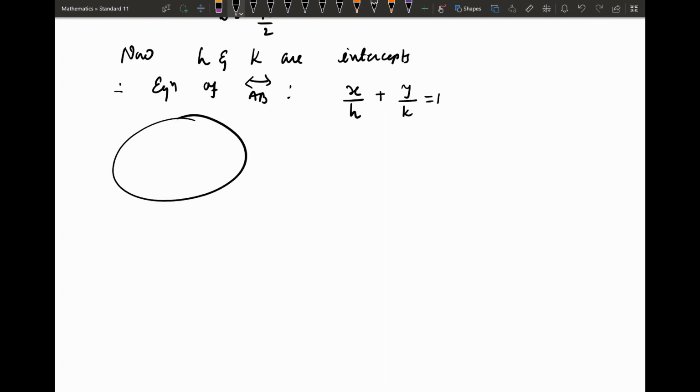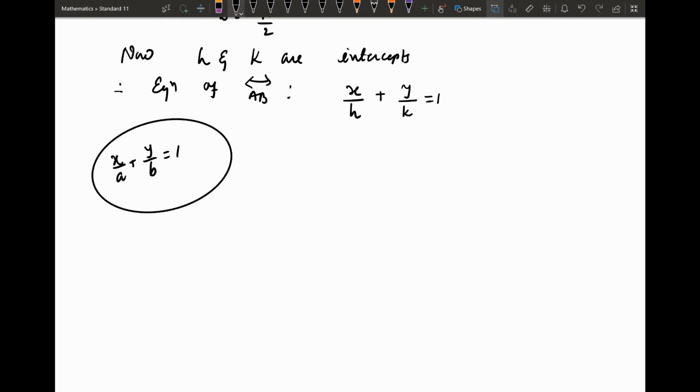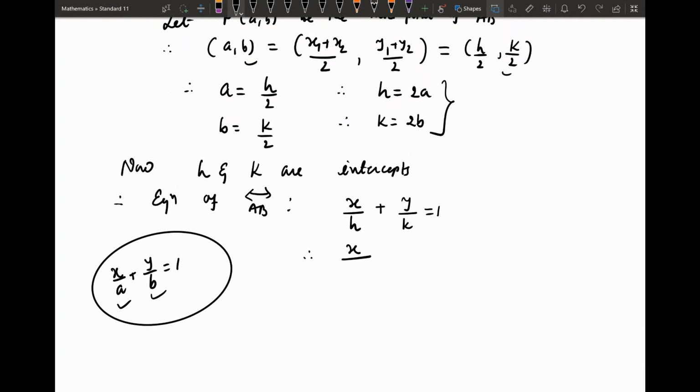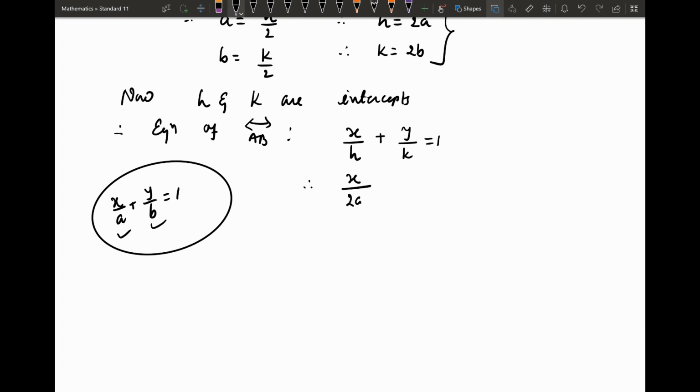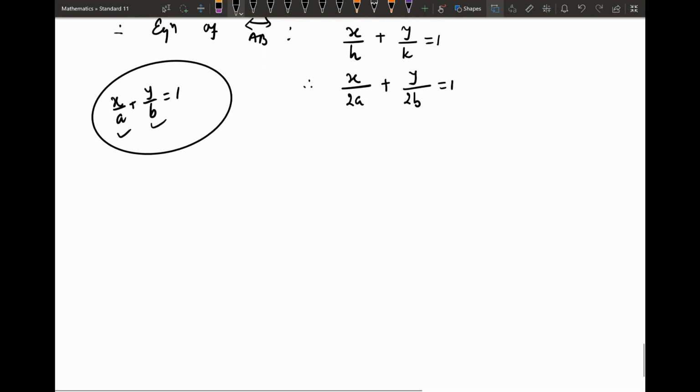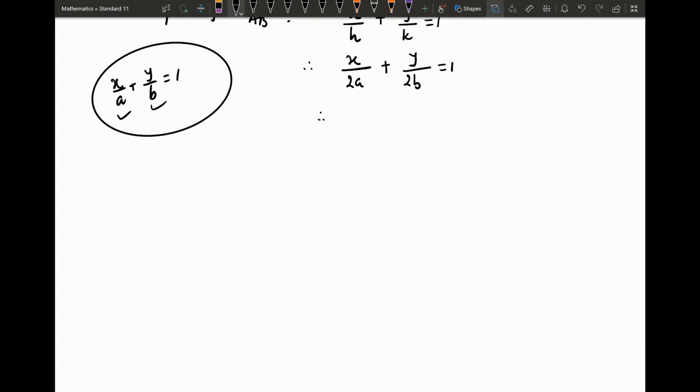Here we have used the intercept form x by a plus y by b equal to 1, but the intercepts are h and k. Now put values for h and k. h equal to 2a, k equal to 2b, and therefore on further simplification, multiplying throughout by 2, we get x by a plus y by b equal to 2.